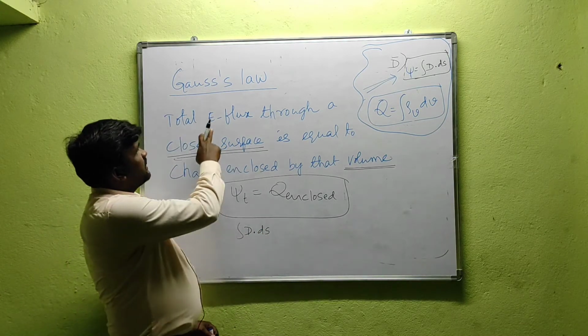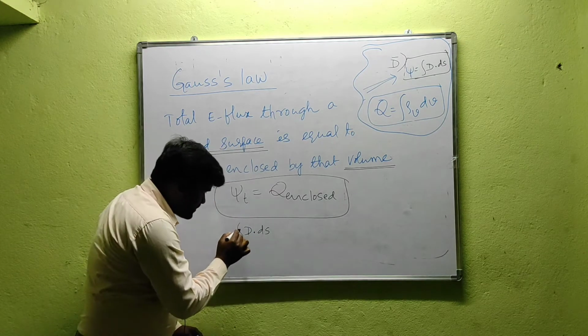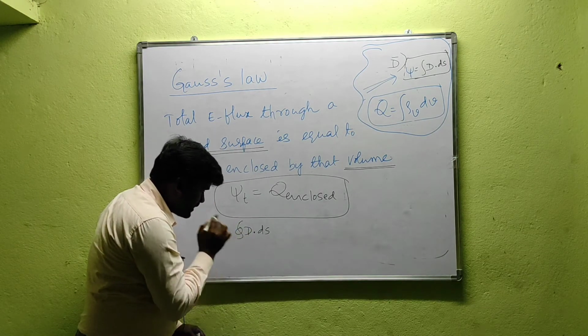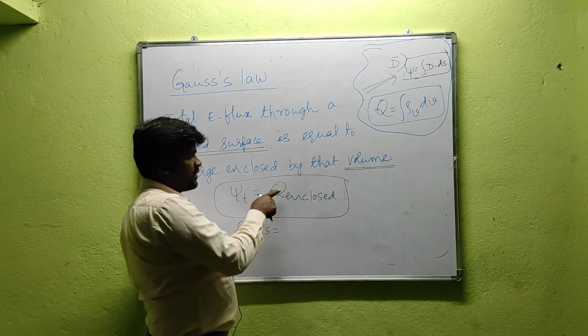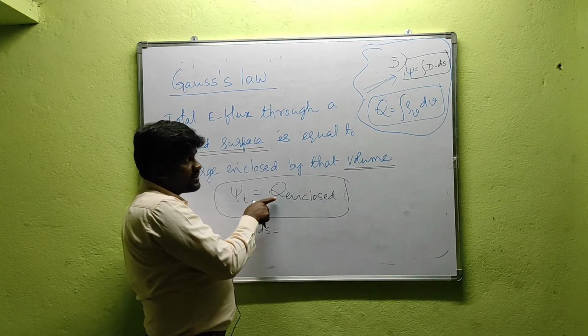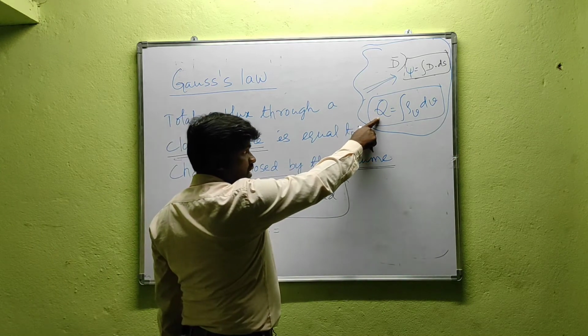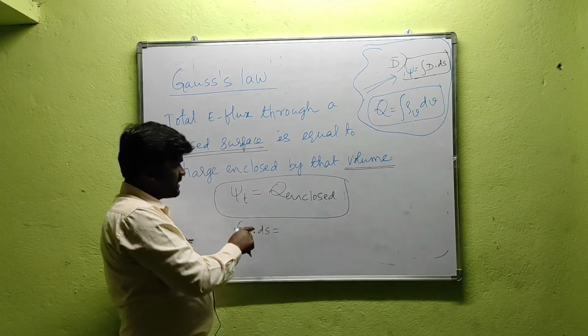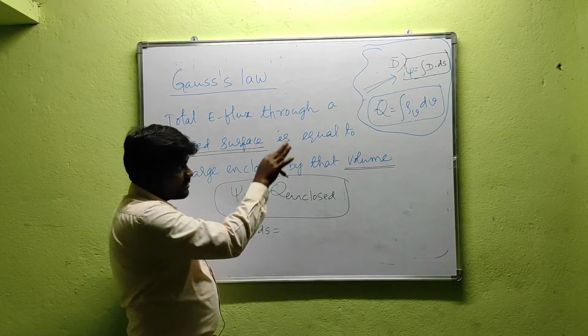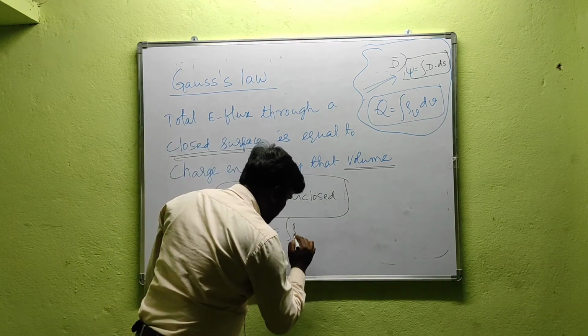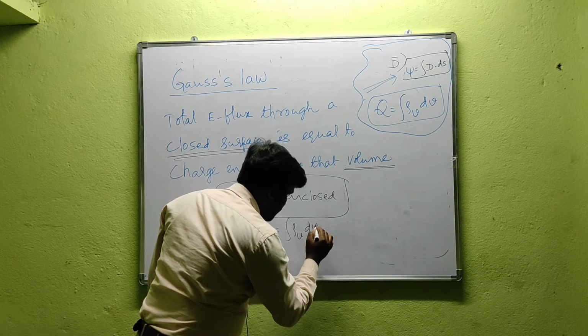But it is the electric flux through a closed surface, so here I need to apply the closed surface integral, which is equal to the charge enclosed by that volume, that is the volume charge. Write this charge in terms of the charge density, integral rho v dv.